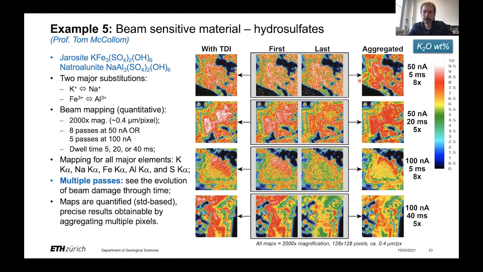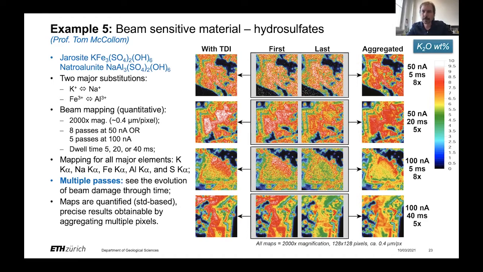And you can see that on the first top row here, we have relatively low conditions, low currents. I mean, 15 nanoamps is quite a lot, but it's relatively low for mapping. 5 milliseconds, extremely short acquisition. And you can see that on the first map acquired and the last map acquired, so the 8th one, you see basically no difference.